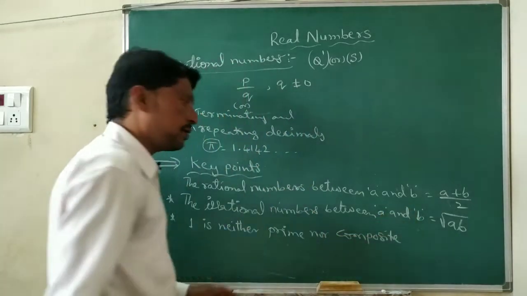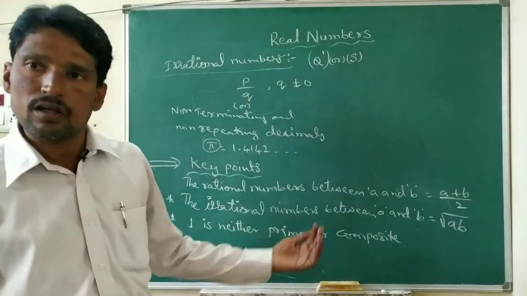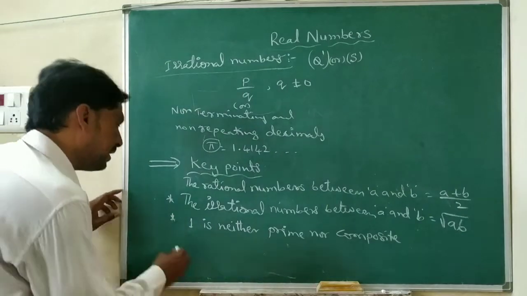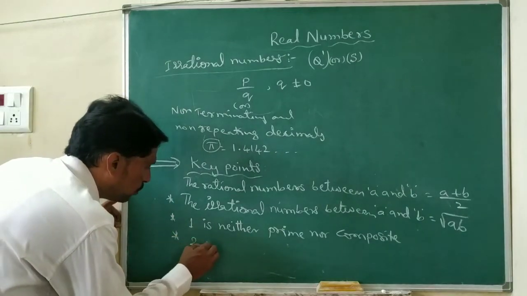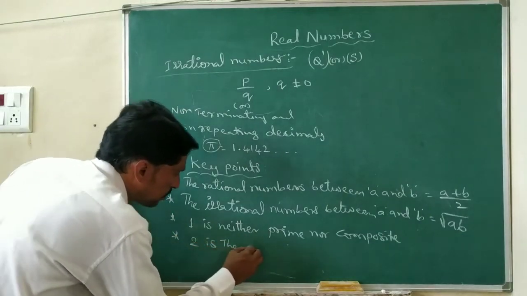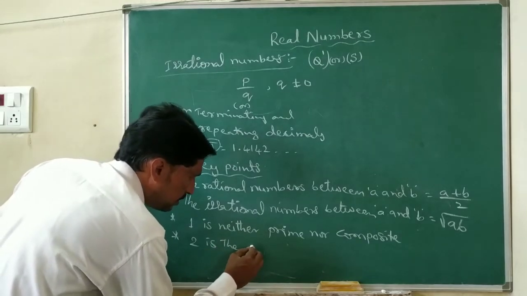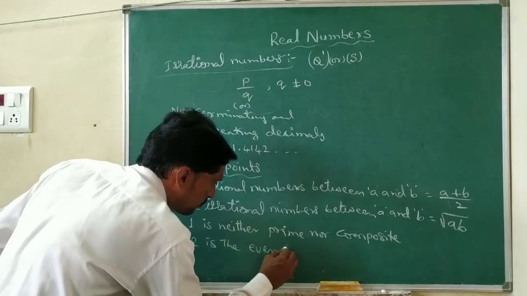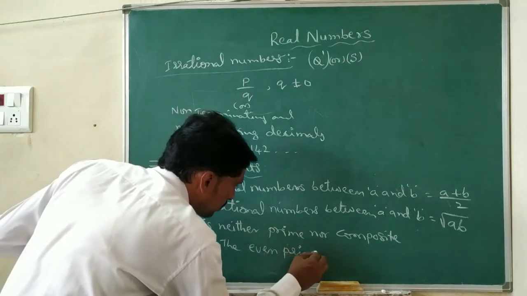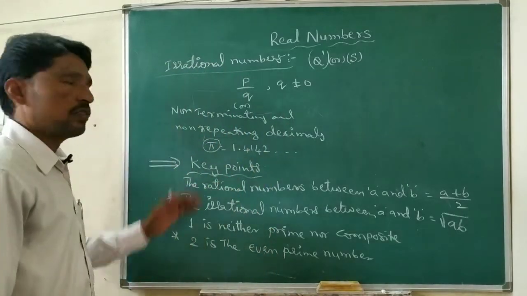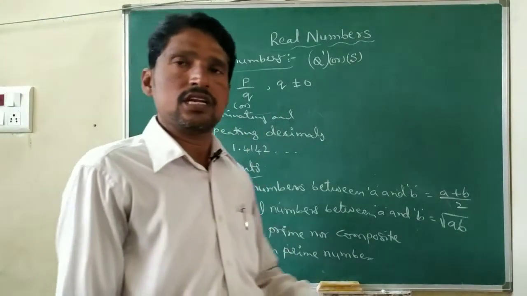So what are the prime numbers, what are the composite numbers, we will discuss next. And here 2 is the only even prime number. This is about the rational and irrational numbers.